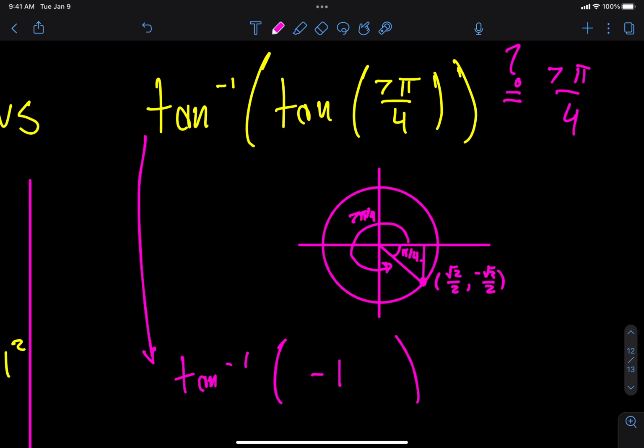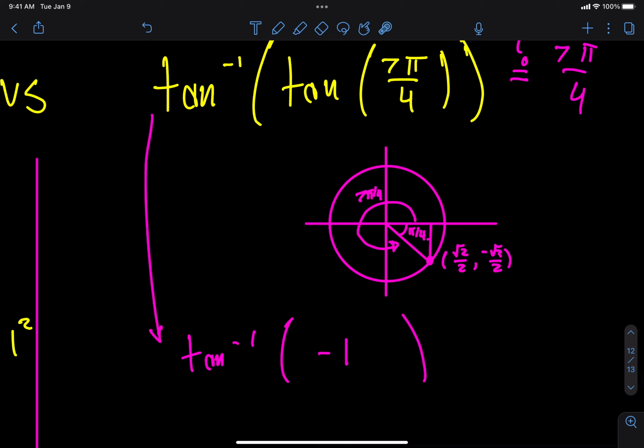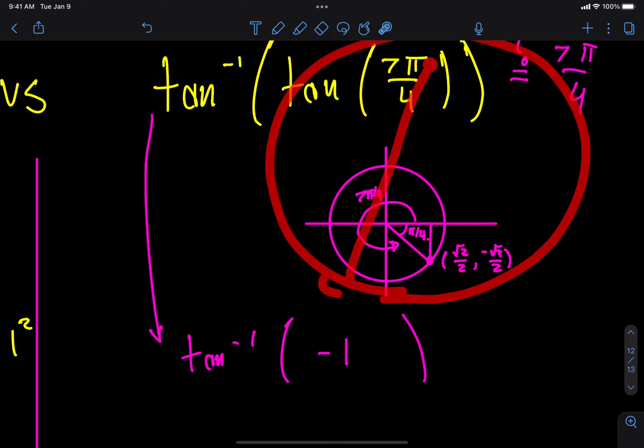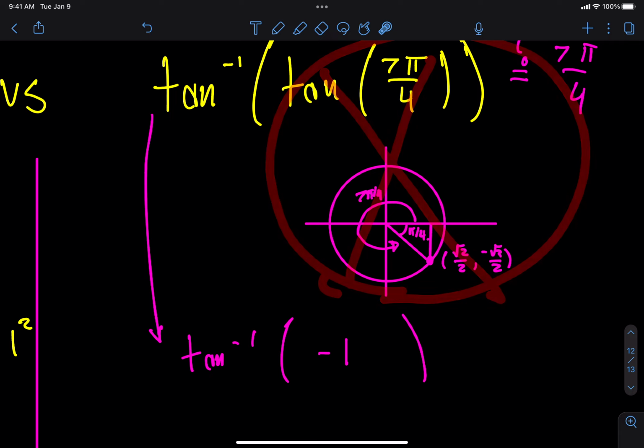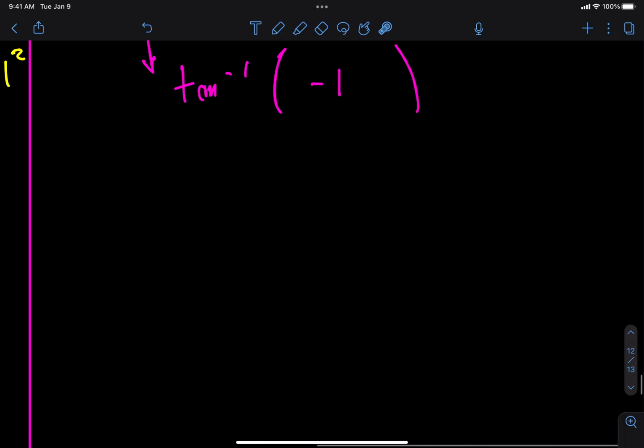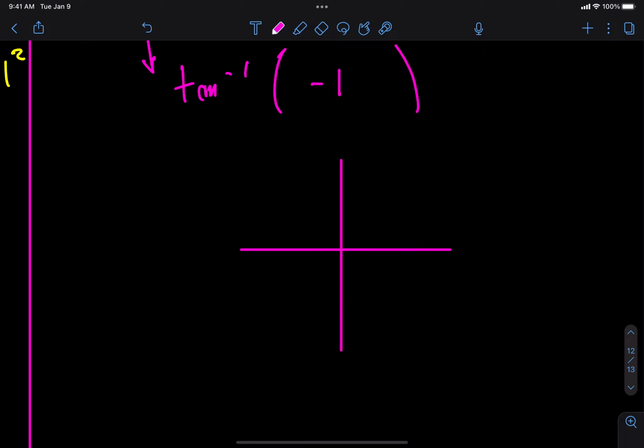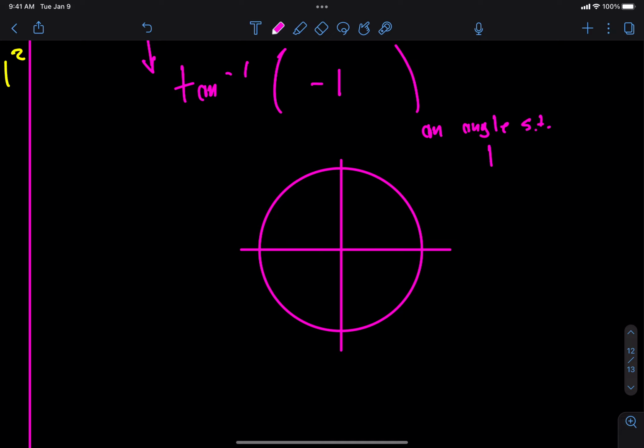Okay? So now I'm going to forget about all of what I have already done. I'm just going to work on this problem. So what do I need to do? I need to find an angle such that two things are true.